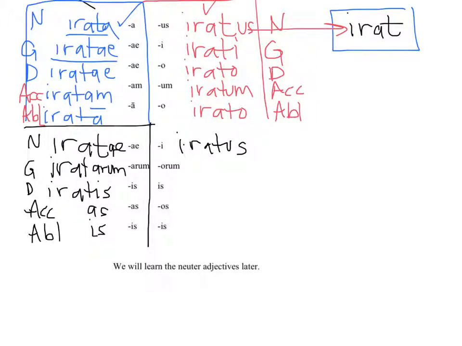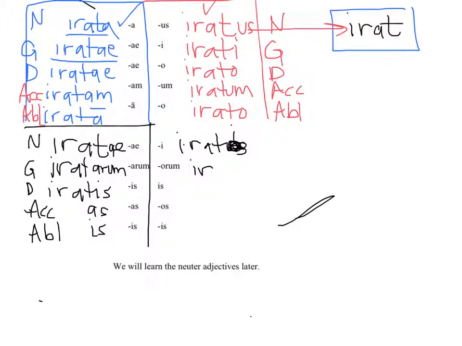Iratus, that's the wrong form. Sorry about that, I lost control of the app altogether there. This form would not be iratus, but irati. And the next one would be, sorry, I'll cross that out, irati.